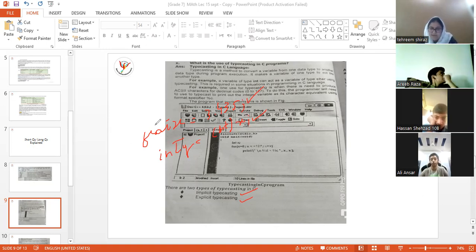See, if x is a float variable, then convert it into int, right? Float takes decimal values, but int cannot take decimal values. It will convert this 3.435 into 3, right?